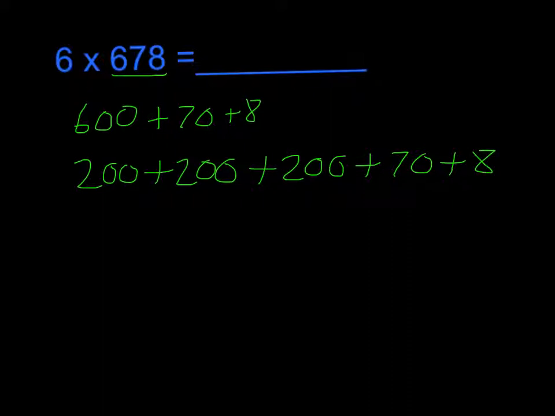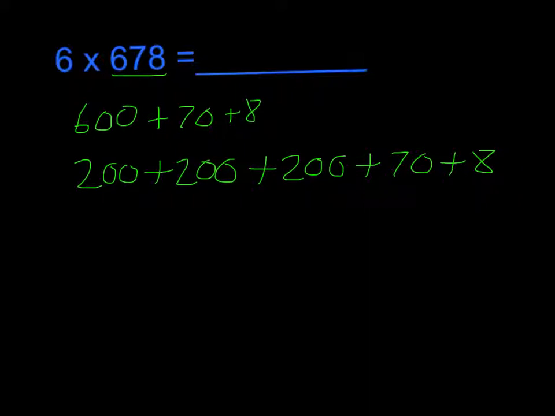Or I could divide it up many different ways, any way I want to do it, as long as the sum of whatever I'm adding up equals 678. I can multiply it by the number, my factor here, or 6 in this case, and come up with my answer. So I'm just going to go ahead and do the 200 plus 200 plus 200 plus 70 plus 8.